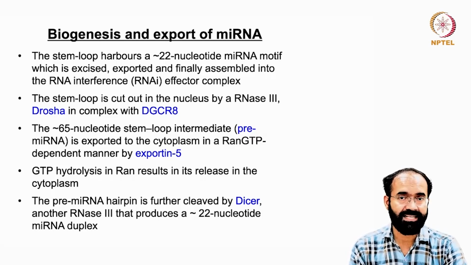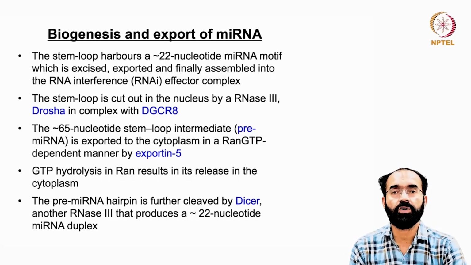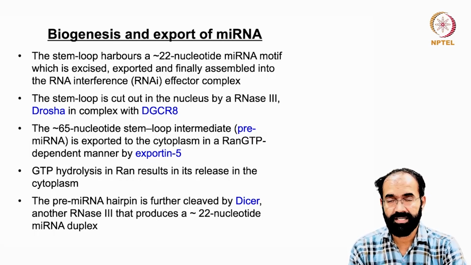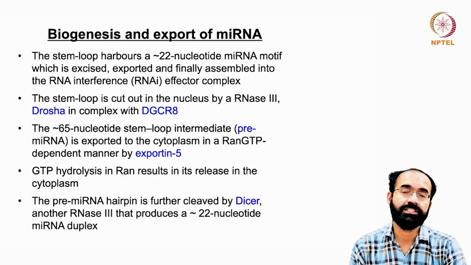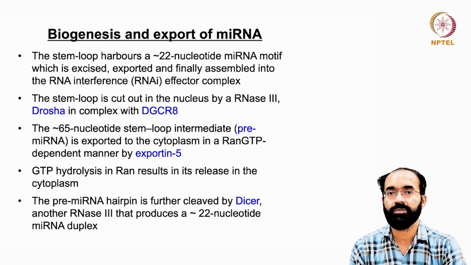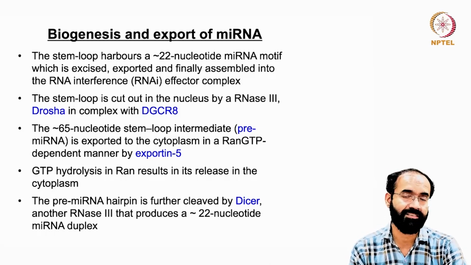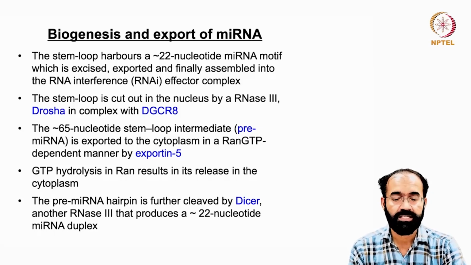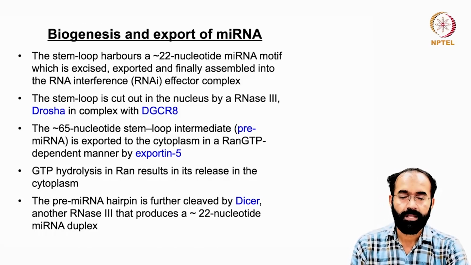This is precise. No matter which microRNA you are talking about, it is 22 nucleotides in length, with complementary sequence, so it is paired. And one of the strands is the one which participates in the silencing event. Both strands do not participate. Only one of the strands of this 22 nucleotide duplex participates in the silencing event.